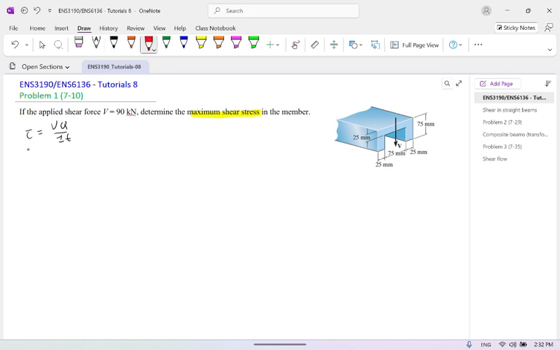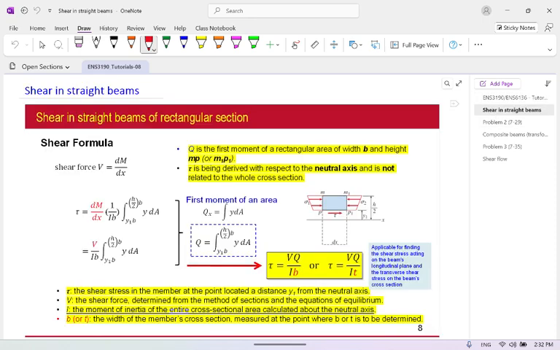This equation we will know from the lecture part. We should know the meaning of each term for this structure. V we can work out from the method of sections.